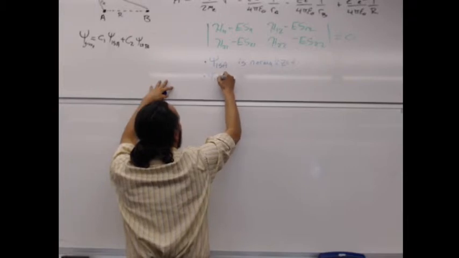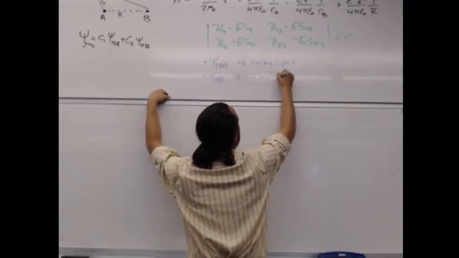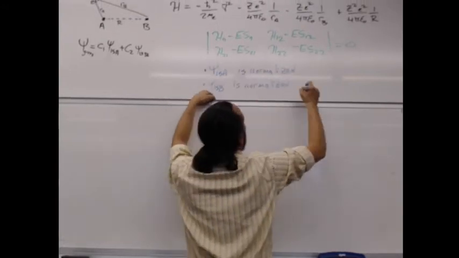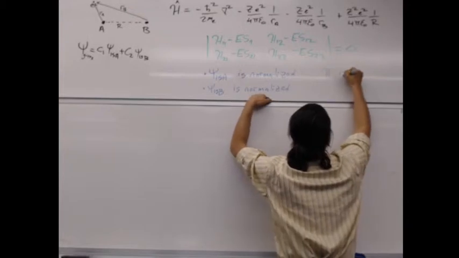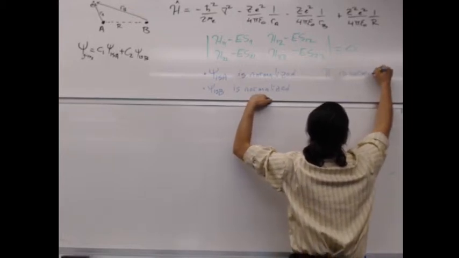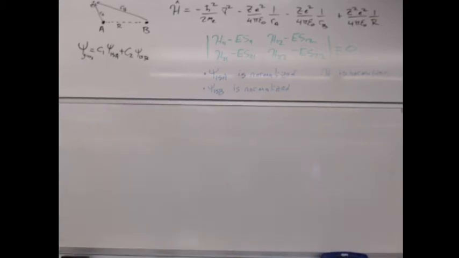Psi 1sb is normalized. H is Hermitian. These are all going to be things that help us simplify what we are going to do.